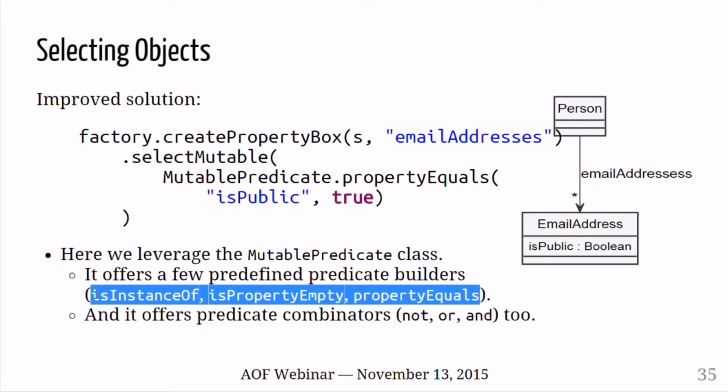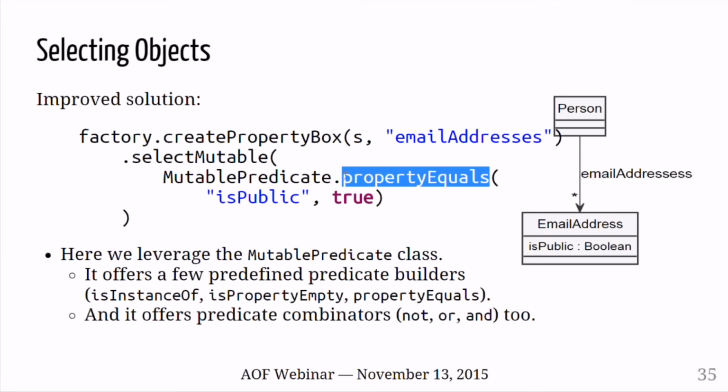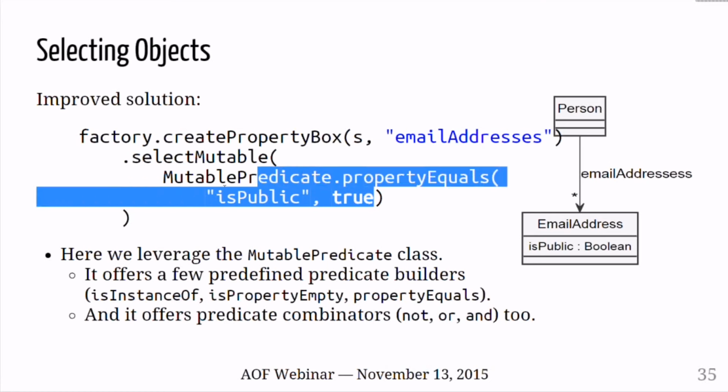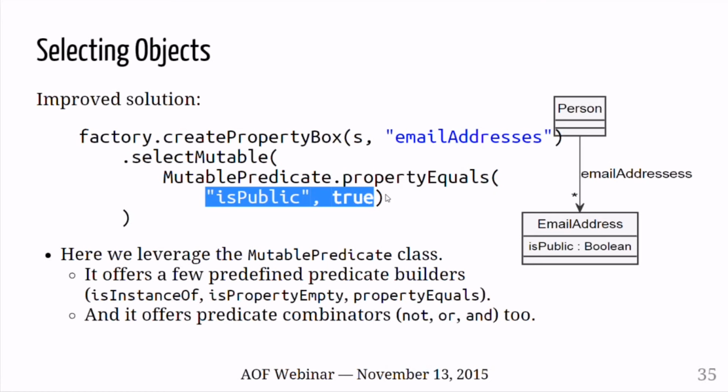So in this case, we use the property equals predicate builder, which will basically return a predicate, a function that takes an argument and returns the boxed Boolean, which denotes whether the isPublic property is equal to true or not.